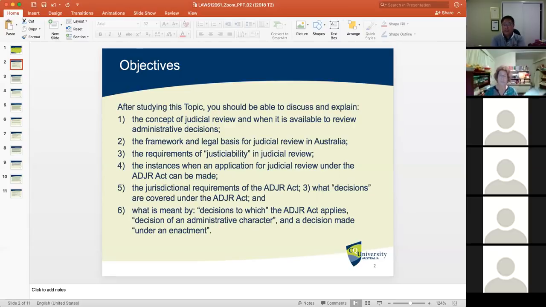It could be on the basis of the general law. So in that case, because it is not based on an enactment, then you cannot apply the ADJR Act. Neither can you apply section 39B of the Judiciary Act of 1903, because the decision is not made by an officer of the Commonwealth, because the ANU vice chancellor is not an officer of the Commonwealth. What is your recourse? Then you can have recourse to the common law.